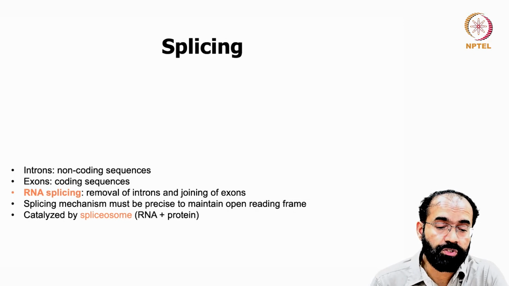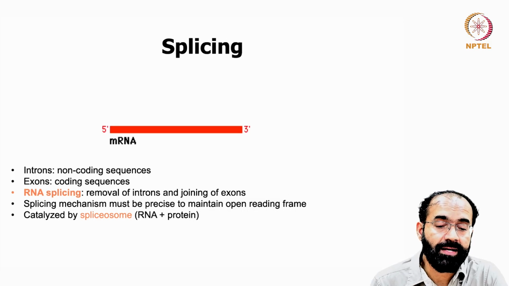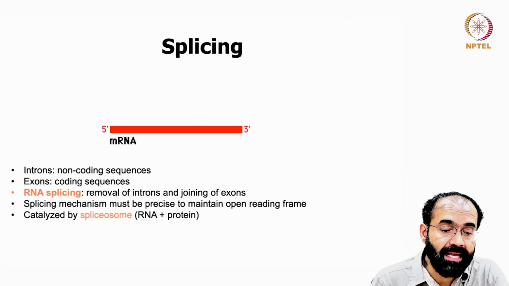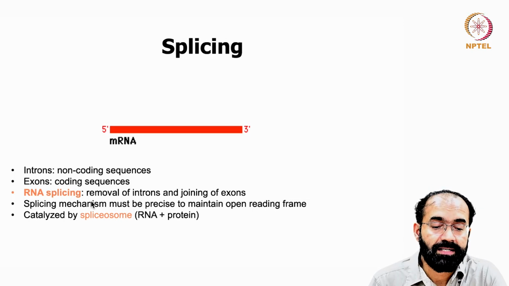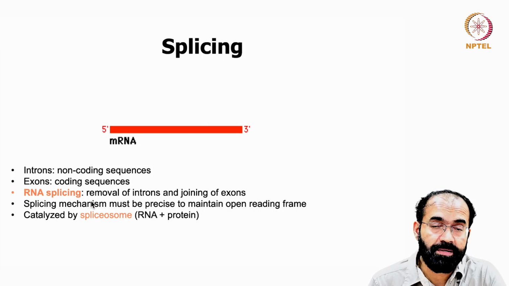Introns are usually the non-coding sequence, and when mRNAs are produced, they have to undergo some maturation event, and the exons are the coding sequence. They must be retained, and RNA splicing is very precise.